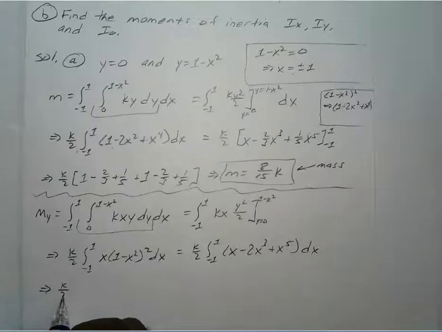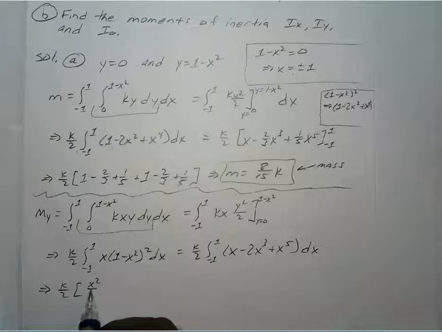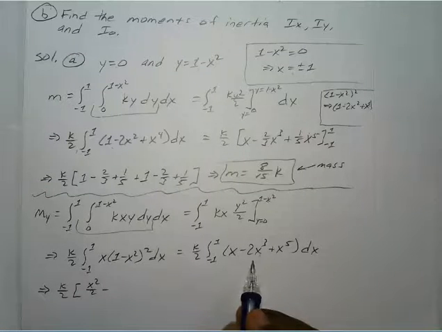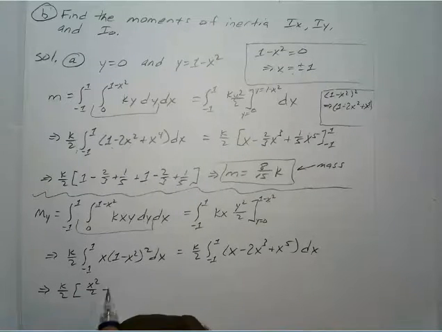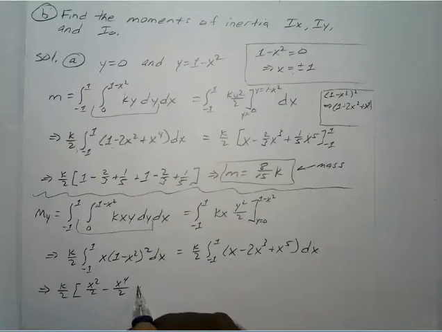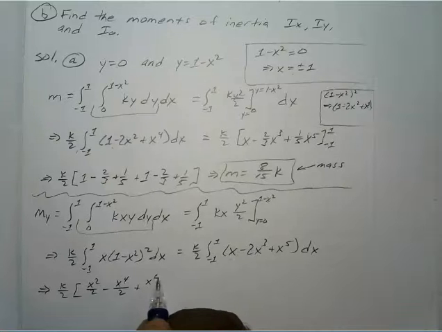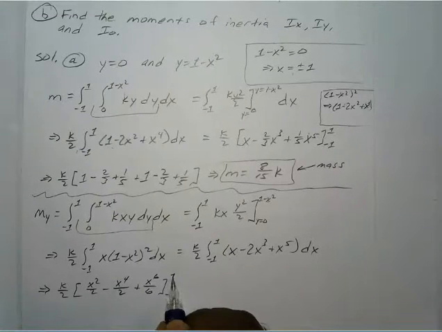We have k over 2 times x squared over 2, minus x to the fourth over 4, which is just x to the fourth over 2, plus x to the sixth over 6, from -1 to 1.